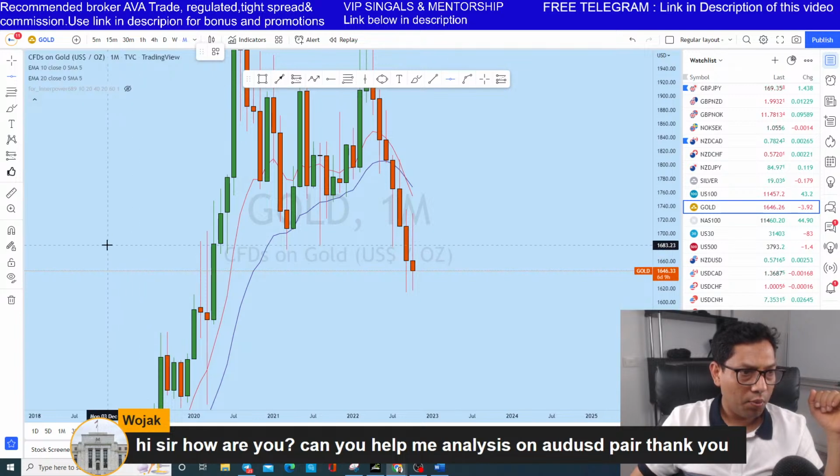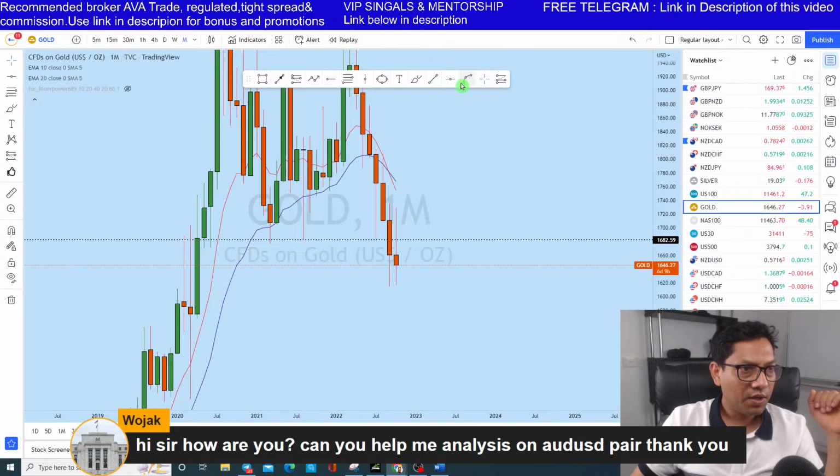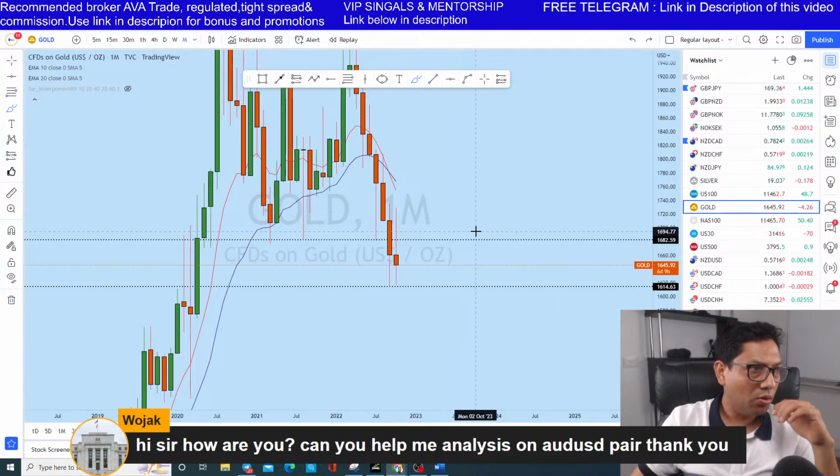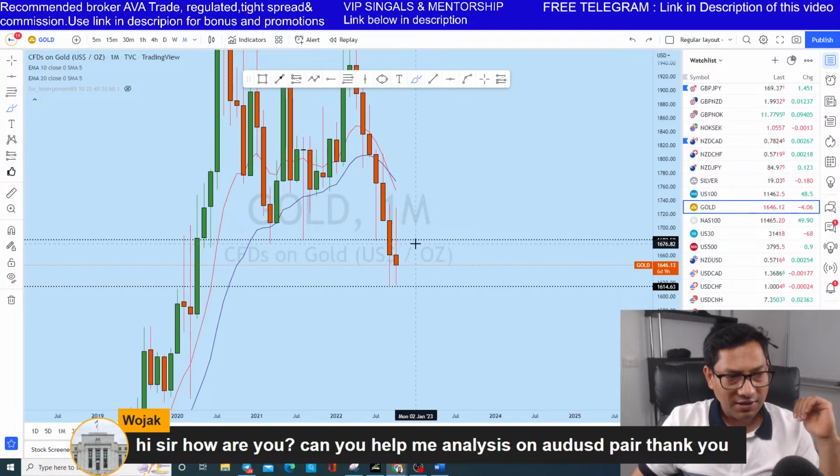First of all, it broke this monthly long-term support zone to the downside, and again there is another monthly support zone here. From this support we have seen that gold has in fact had a bounce. Okay, it has a bounce, and what I think is that finally this instrument might also close as a doji.